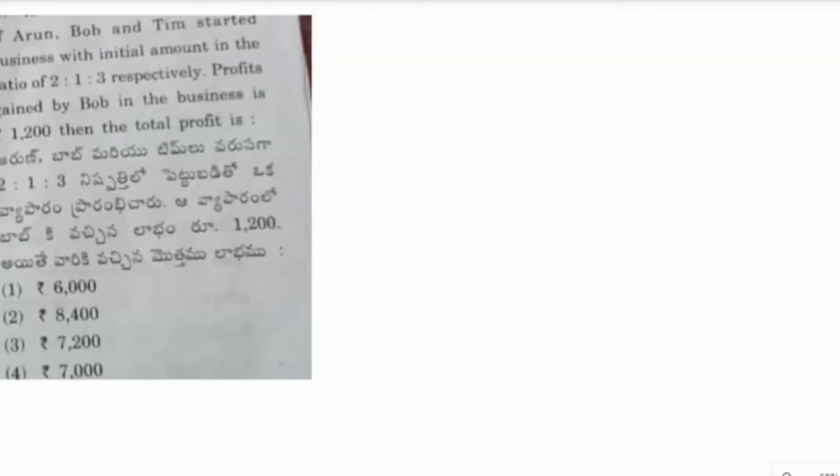Now let us see question number 102. If Arun, Bob and Tim started a business with initial amounts in the ratio of 2:1:3 respectively, and the profit gained by Bob in the business is rupees 1200, then the total profit is dash. Given the ratio of investments, Arun invested 2 parts, Bob 1 part and Tim 3 parts.